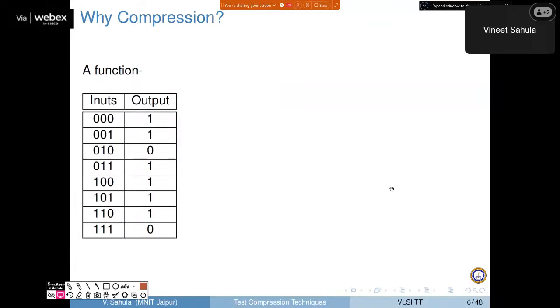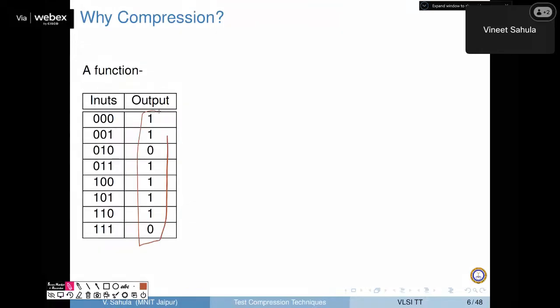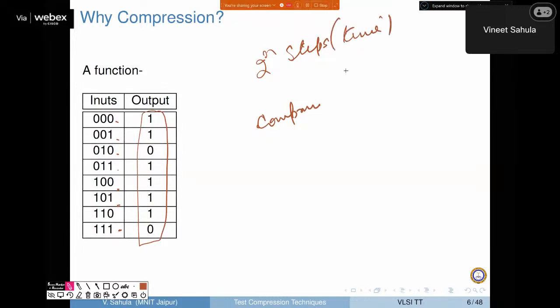So what we will be trying to do is we'll take this complete sequence and compress it. That's all. So these patterns are applied one at a time. So I will take the 2 to the power n steps in time and get the output sequences one at a time.